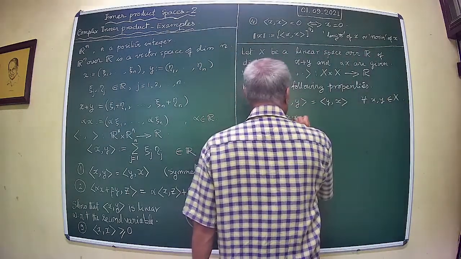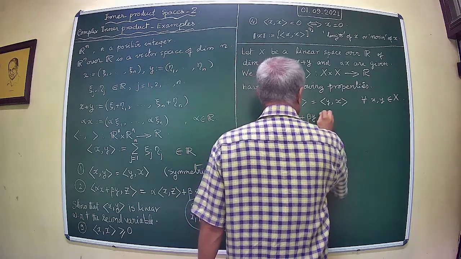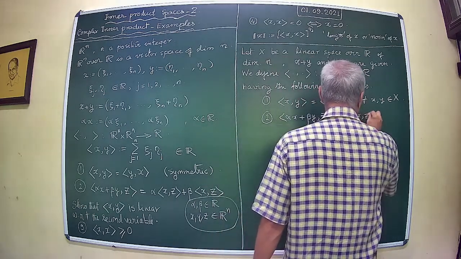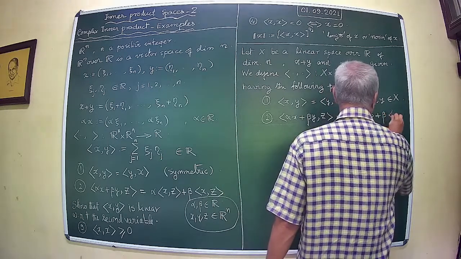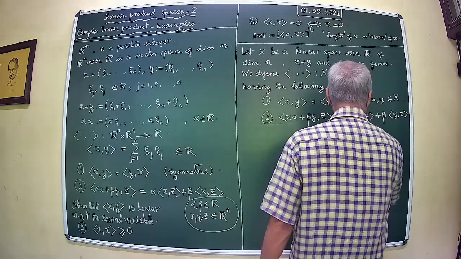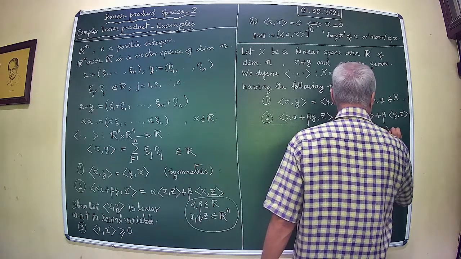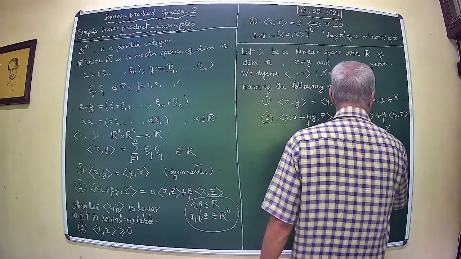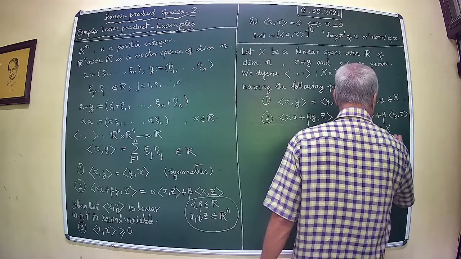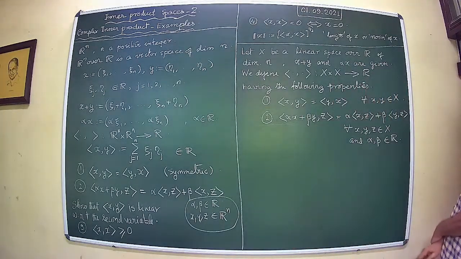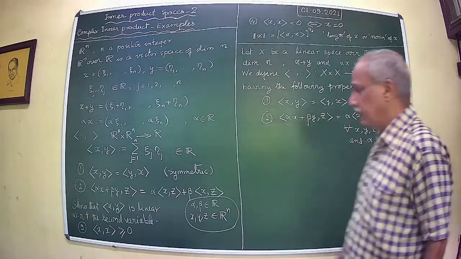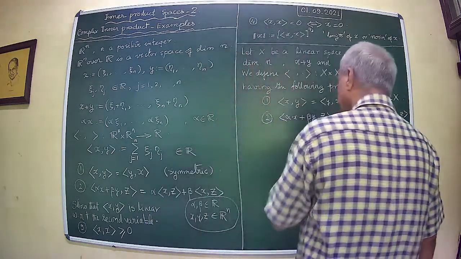So you have alpha x plus, that is, it is linear in the first variable, and consequently one can prove that it is also linear in the second variable.